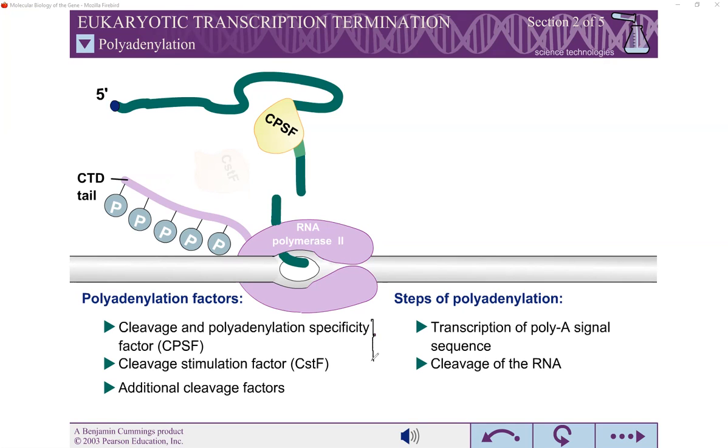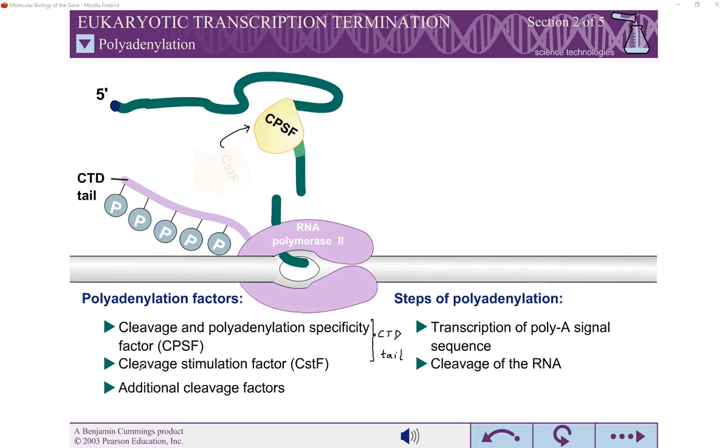Both of these factors were a part of the CTD domain, the CTD tail. They were present over the CTD tail, and then they were transferred to the particular site over the nascent hnRNA, where the CPSF activity was activated by CSTF.